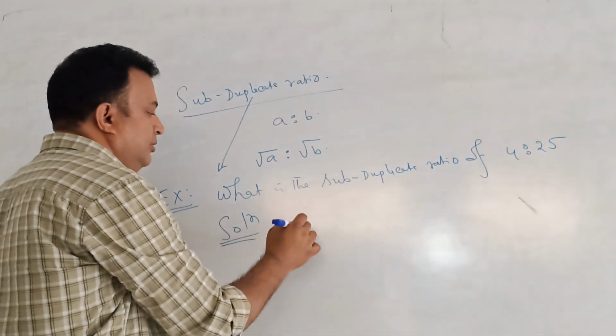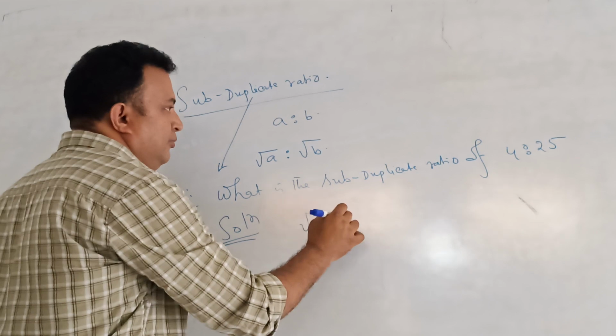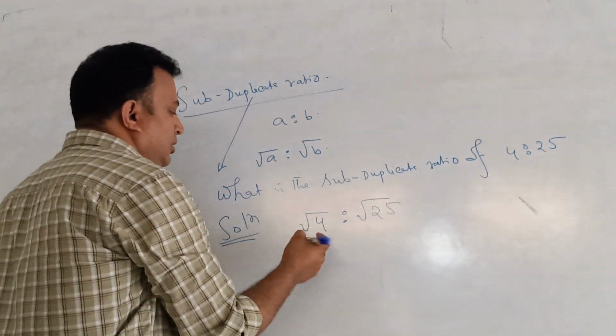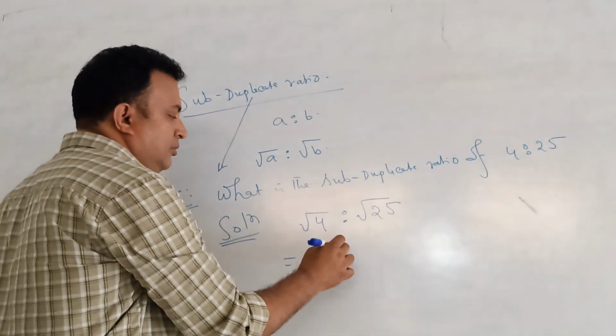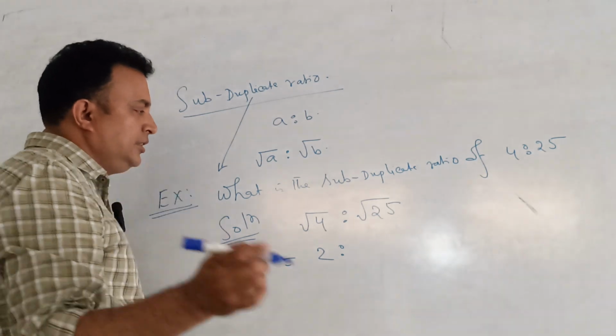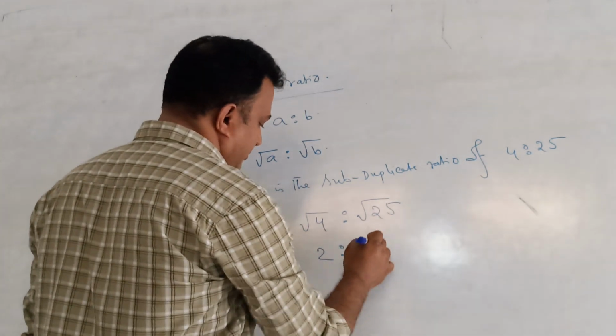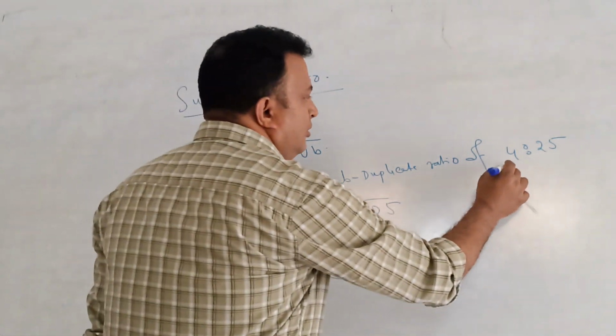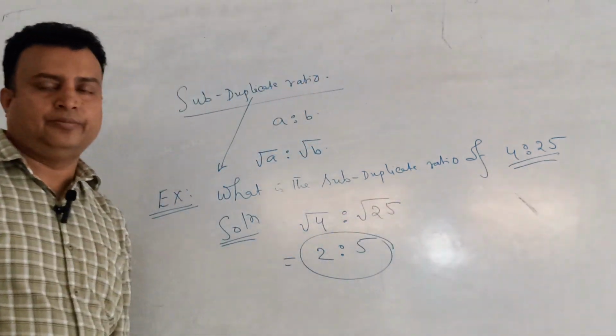Answer is, you have to find out the square root of 4 and the square root of 25. The square root of 4 is 2, and what is the square root of 25? It's nothing but 5. So this is the sub-duplicate ratio of 4:25. Okay.